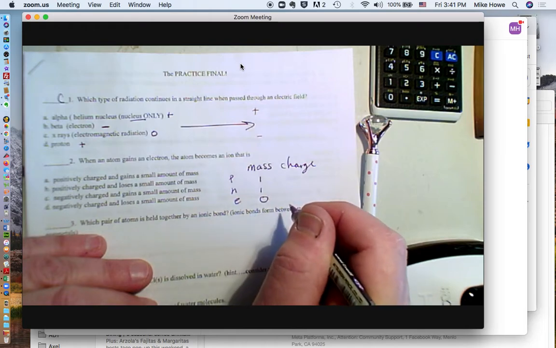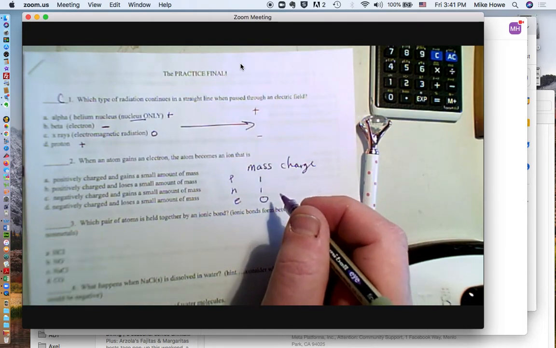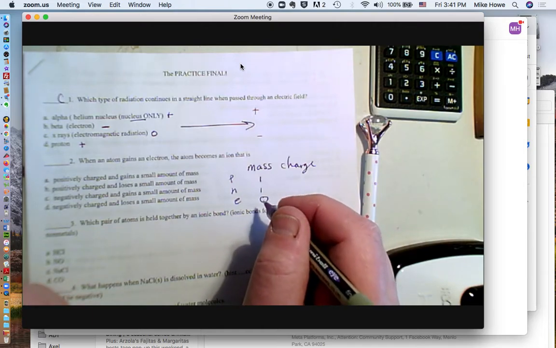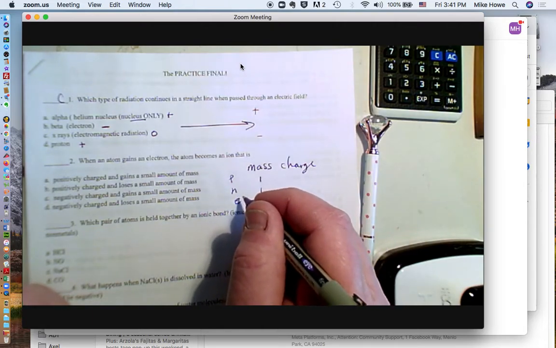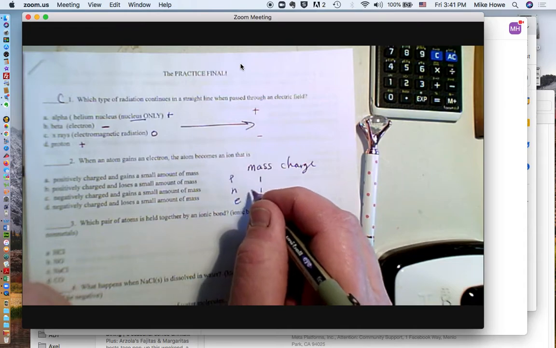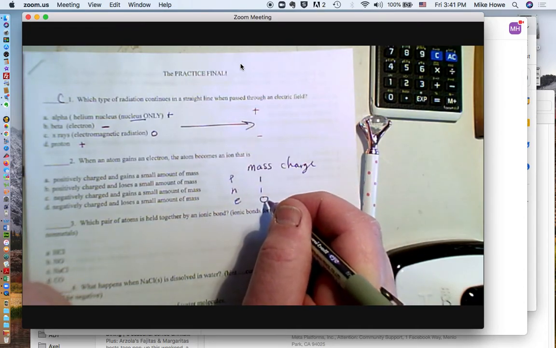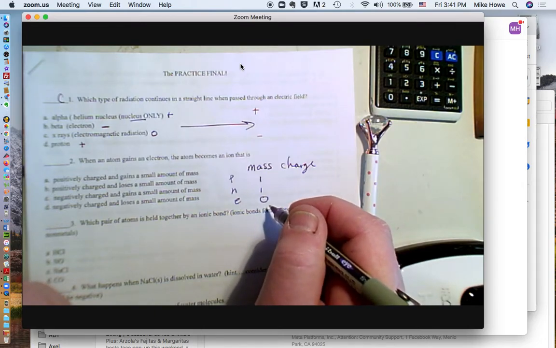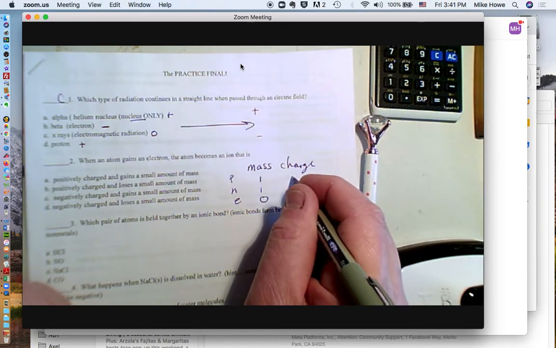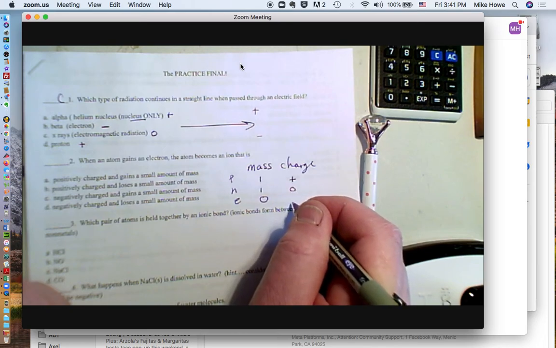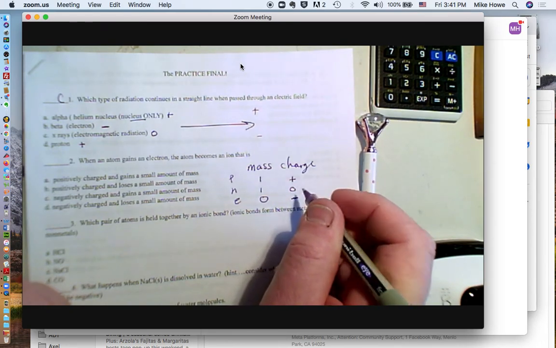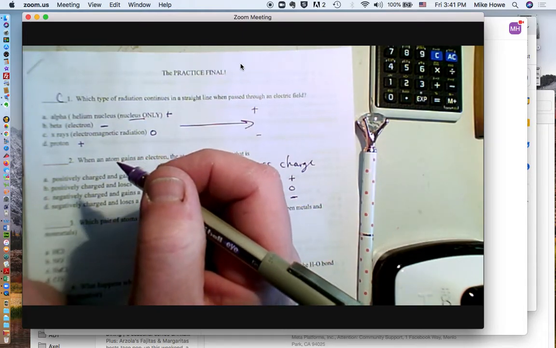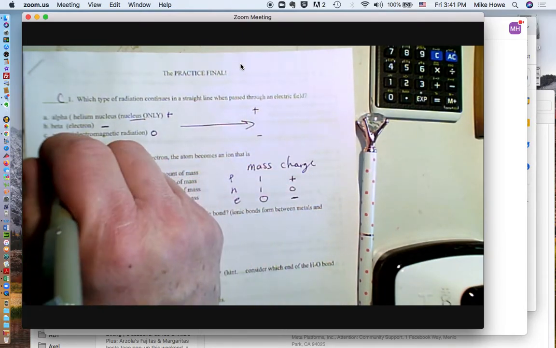We said that the electron has mass of 0, but it has a little mass, just not enough to compare to the overwhelmingly large mass, so to speak, of the protons and neutrons. The electron's about 2,000 times less massive than the proton or a neutron. And in terms of charge, protons are positive, neutrons are 0 charge, and electrons are negative. So if you add an electron, you're going to become negative and add a small amount of mass. So negatively charged and gains a small amount of mass.